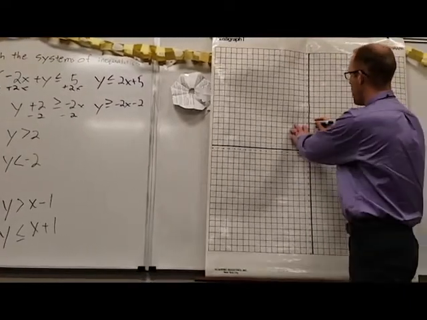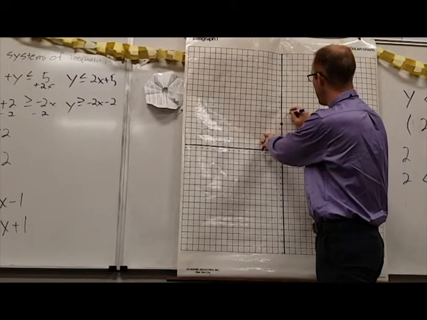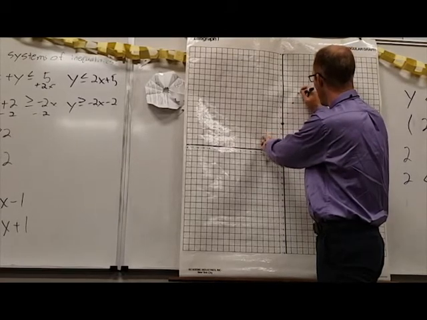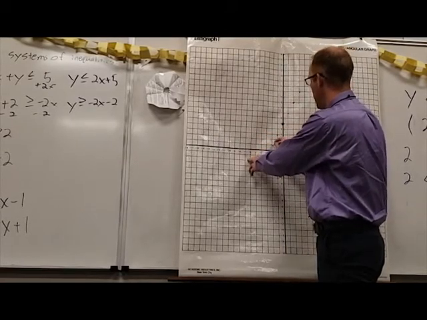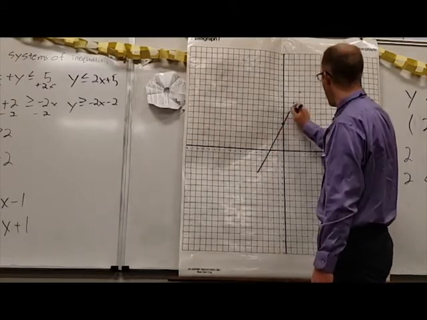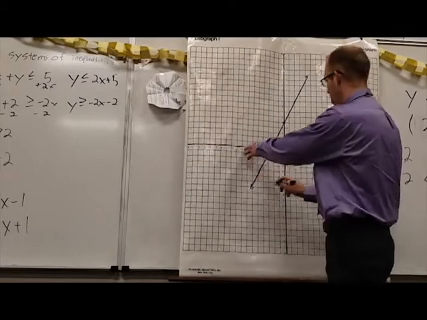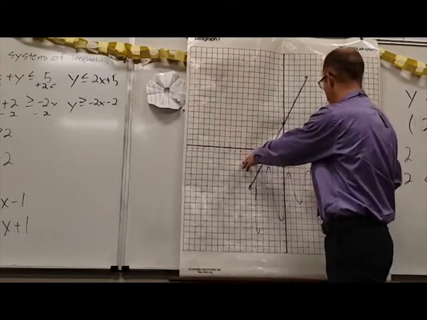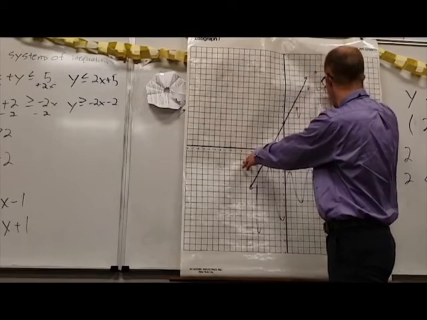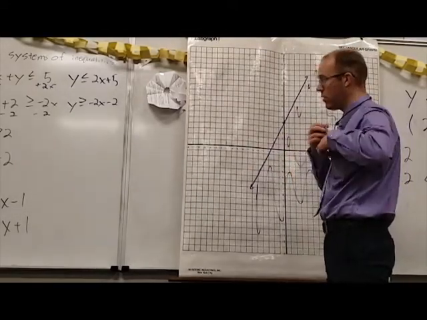So our first one, y-intercept is at 5. Slope is 2, so I'm going to go up 2 and right 1, up 2 and right 1, or down 2 and left 1. We know we have a solid line right there, and we are shading this one below. So that is the graph of our first one, where this is all shaded below. All right, let's do the second one in green here.